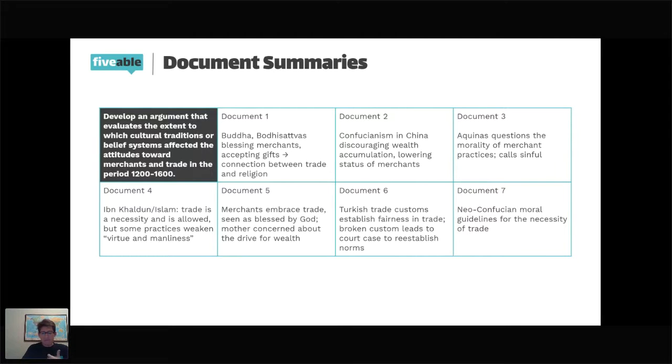And document 7 is another document that comes from China. It is a Neo-Confucian book of moral instruction, again focusing on the morality aspect of this cultural tradition of Confucianism. And in it, it talks about fair trade and how to conduct business.